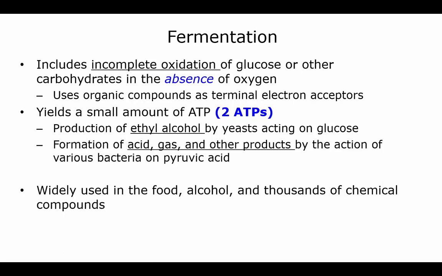But there's a benefit to fermentation, because we actually use fermentation in a lot of biological systems. It's also actually used in a lot of biotechnology advancements that we have developed. So for example, if you take yeast and you ferment it, you can produce ethyl alcohol. You can also take it to produce gas. You know, yeast is used as it ferments and produces gas bubbles. It actually causes bread to rise.